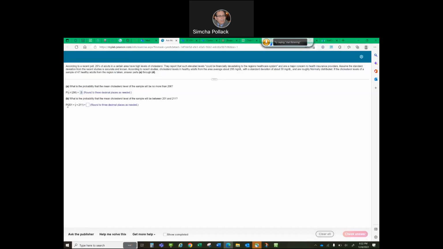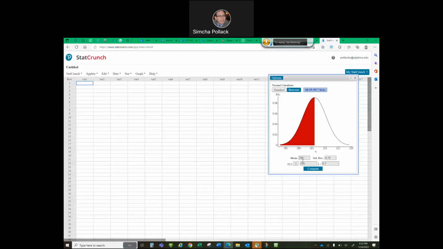Now, how many are between 201 and 211? The way you might have learned this in high school is you turn it into a z-score, look up the z-score in the table, and subtract them. But with this amazing StatCrunch calculator, the standard deviation of the average, which we call the standard error of the mean, is still 4.38.